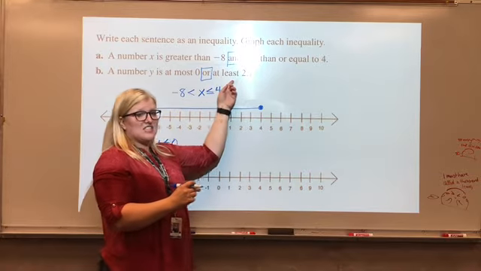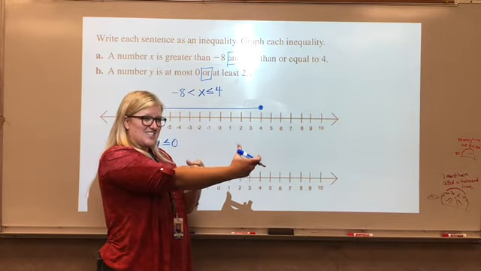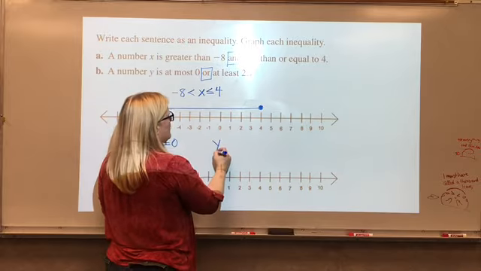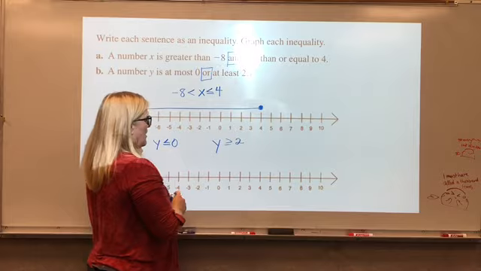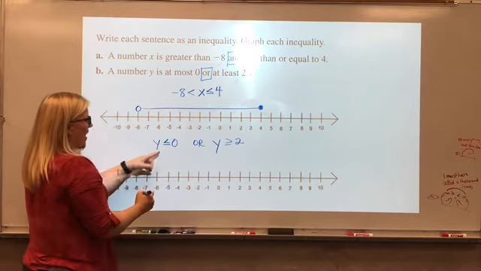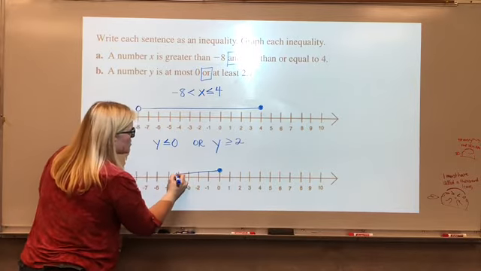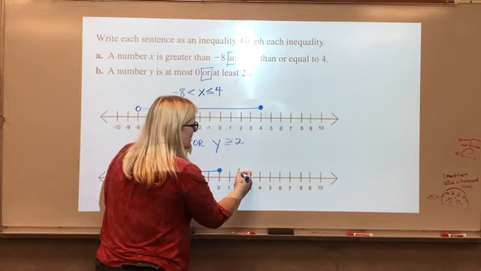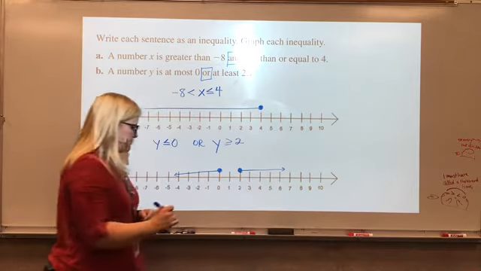And then at least 2 means I can have something bigger than that, right? If it's at least 2, I could have 5. So that means that y is bigger than or equal to 2. So when I put these together, I have or. Don't forget the or. So y is less than or equal to 0, I've got a closed circle, and it goes to the left. And y is greater than or equal to 2 gives me a closed circle and has me go to the right.